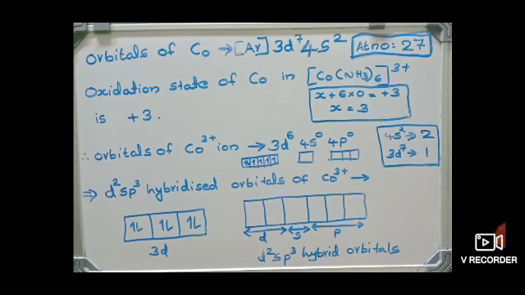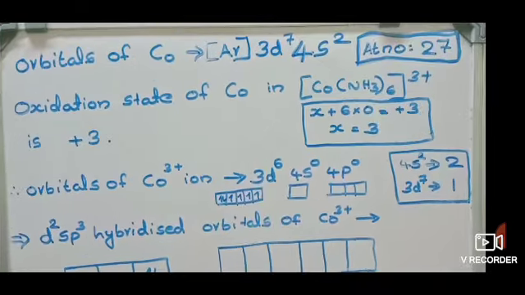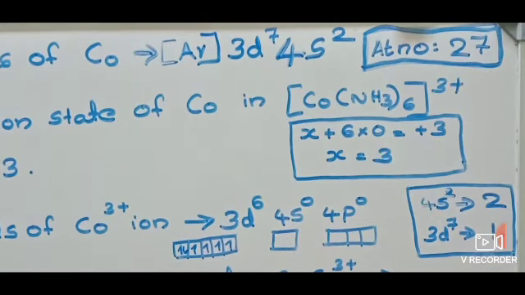The electronic configuration of cobalt is argon 3d7 4s2, because the atomic number is 27. When we write the electronic configuration, it will be in this way.